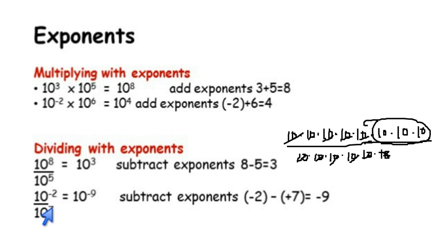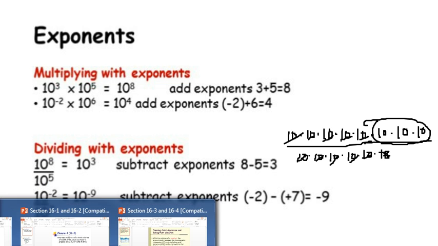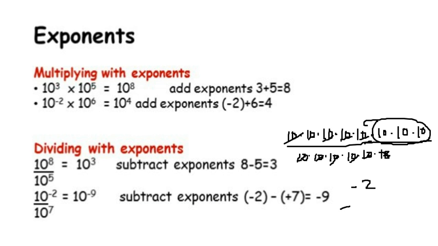Now this is a tricky part. If you have a minus 2 on top and a plus 7 on the bottom, when subtracting, you change the bottom number and give it an add. So a minus 2 plus a minus 7 is a minus 9. And that's where a lot of my students have problems.